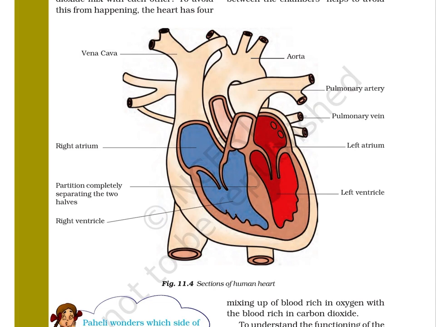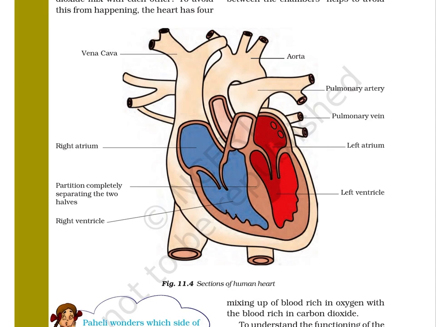The left atrium is represented with red color. The right atrium is represented with blue color. There is also a partition completely separating the 2 halves. There is also the left ventricle below the left atrium and the right ventricle below the right atrium.